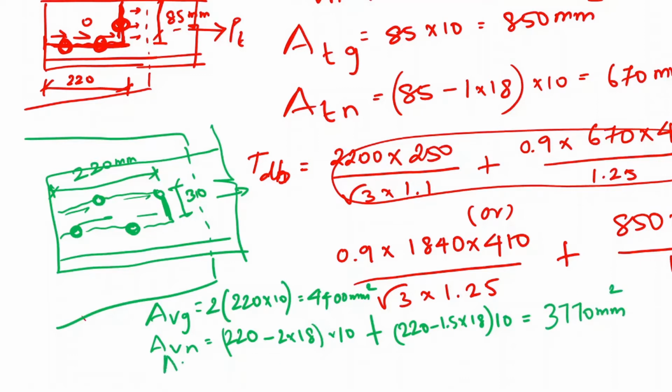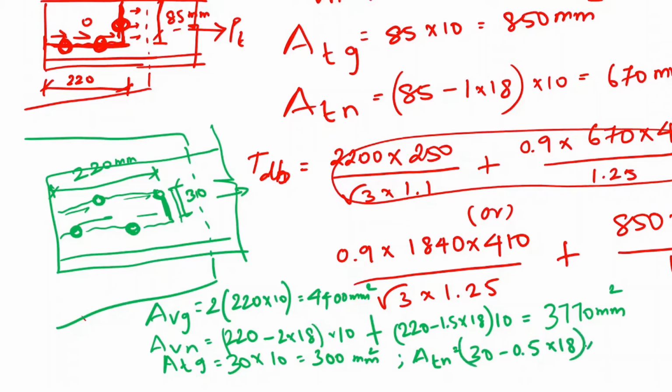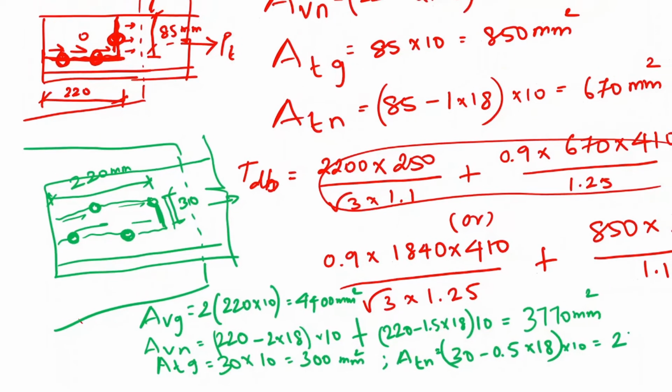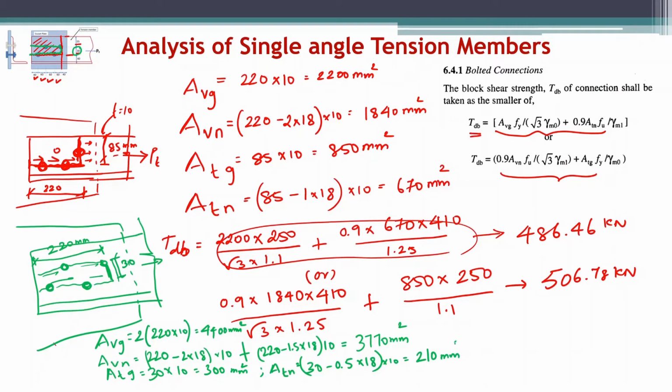The gross area in tension, ATG, is width 30 into thickness 10, which is 300 mm square, and the net area in tension, if you look at our tension failure plane, you have only a half hole. So width minus 0.5 times the dia of hole 18 into thickness t, which is 210 mm square.